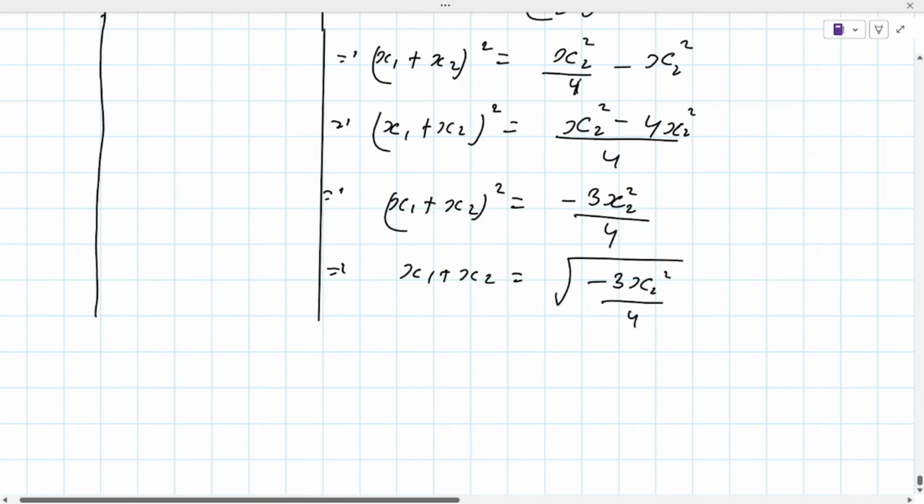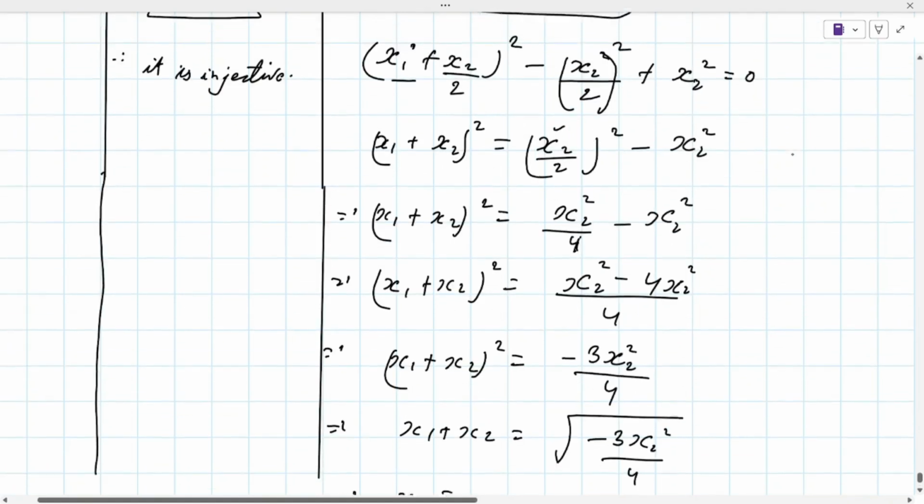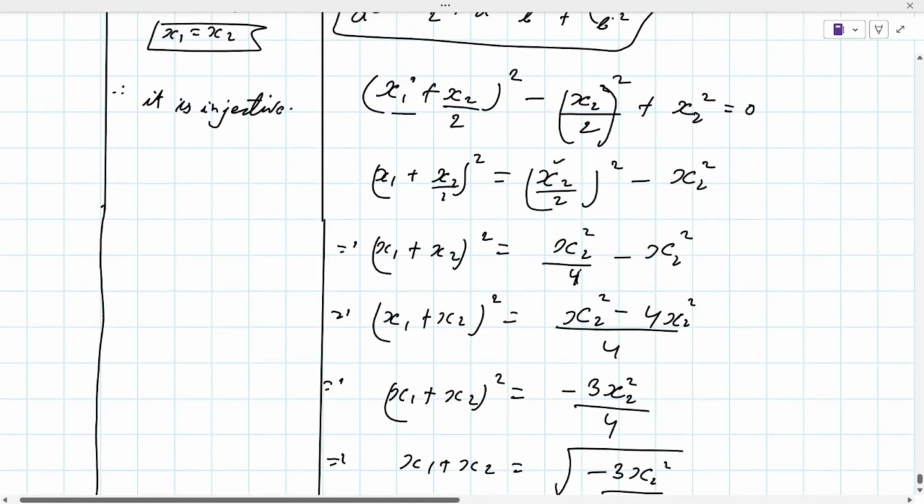Taking root under both sides, in the left side the square and root will cancel, and in the right side it will become root under. Now this one we can write as x1 equal to, sorry, here it is x2 by 2, x2 by 2 here in every place.